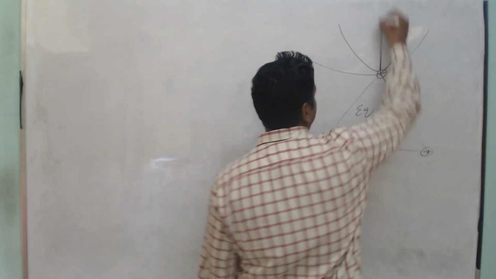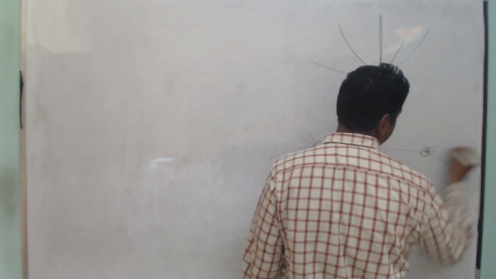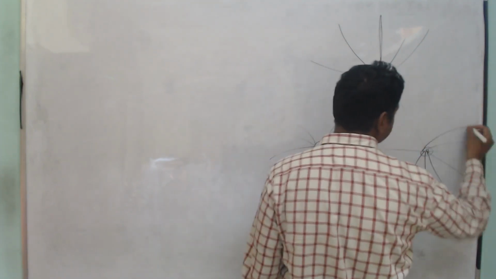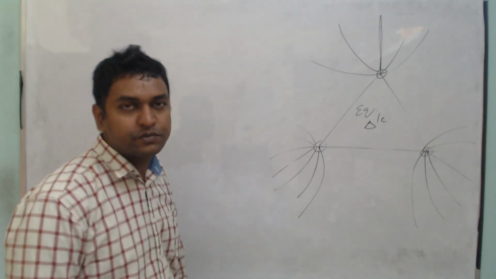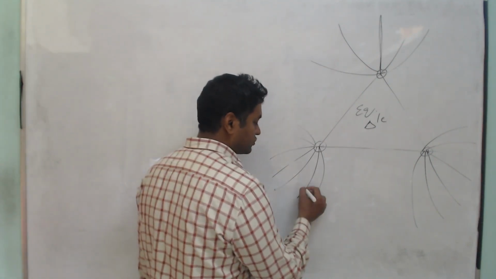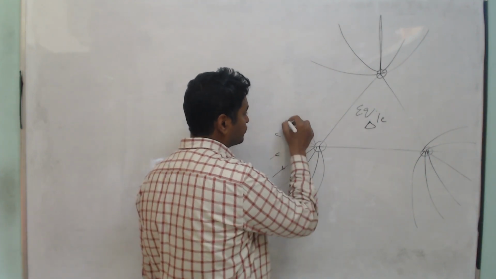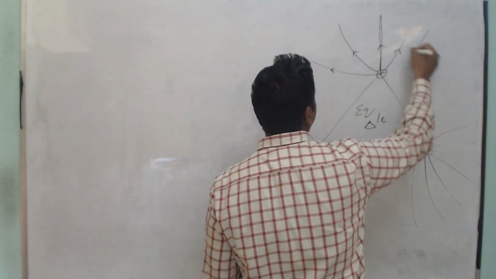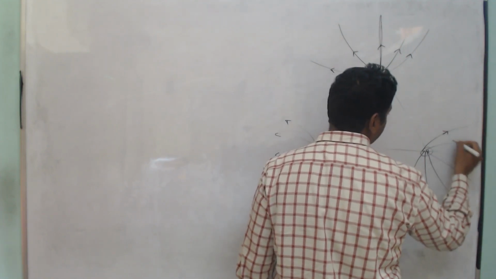This much is obvious, right? Arrows also we will show, because all three are positive charges. We have no doubt about the direction part.